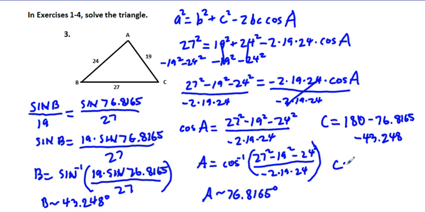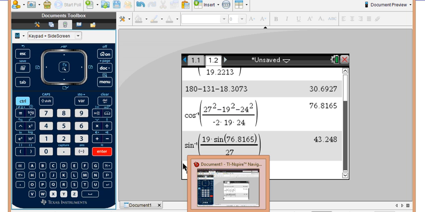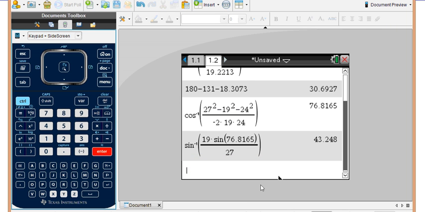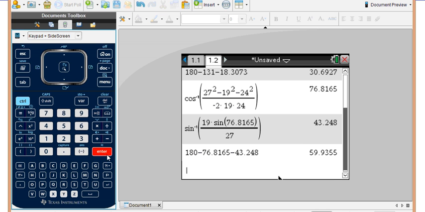And so angle C, we go to our calculator, and there it is, 180 minus 76.8165 degrees minus 43.248 degrees, and we have 55.9355 degrees.